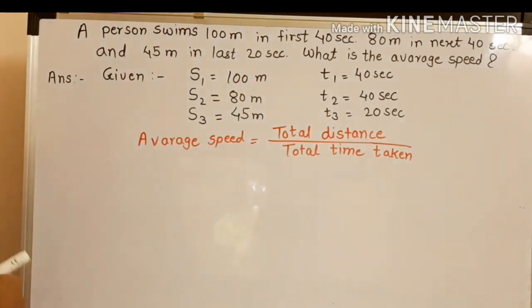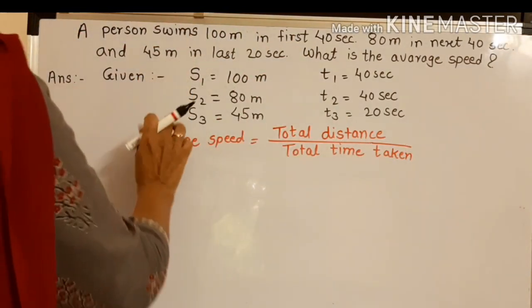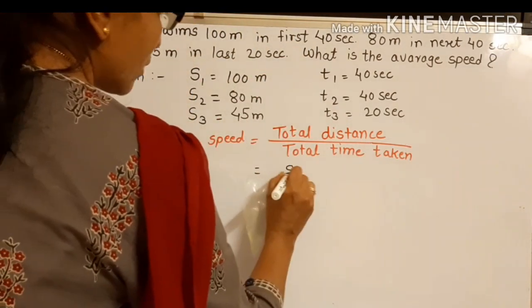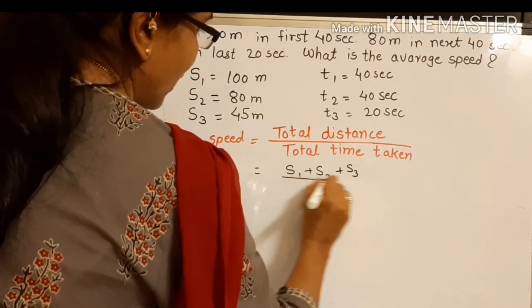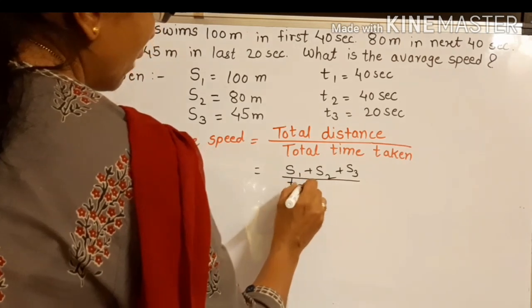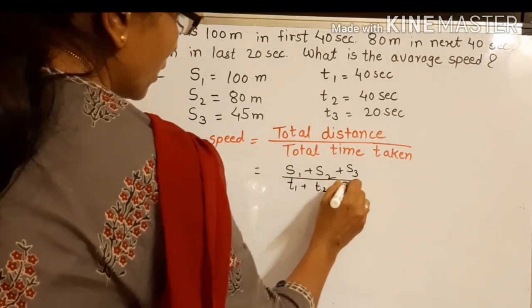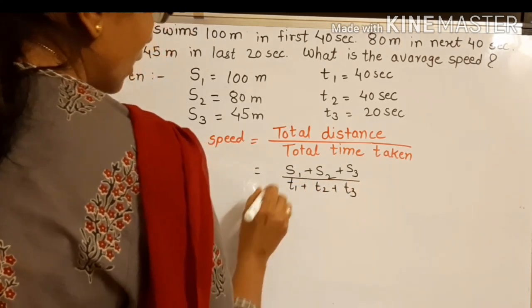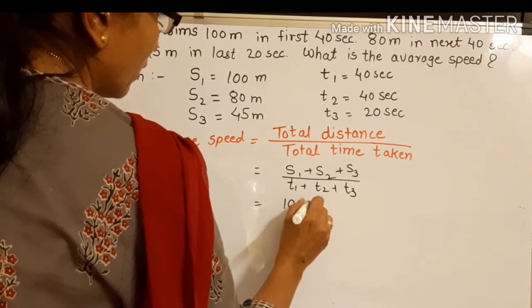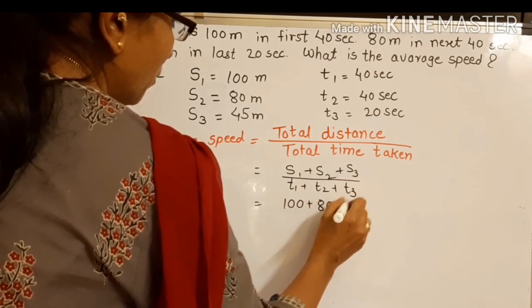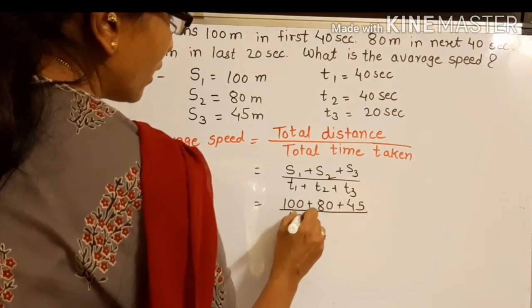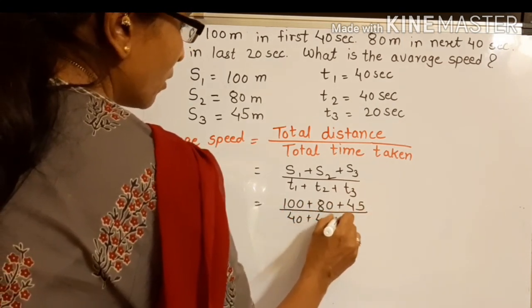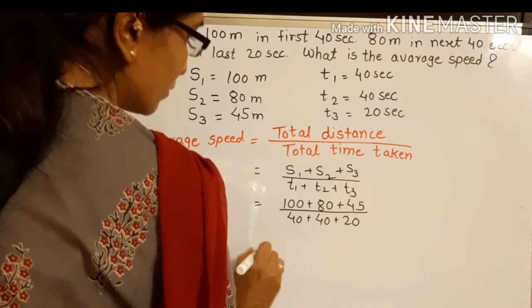In the numerator we add total distance, which is S1 plus S2 plus S3, and in the denominator total time T1 plus T2 plus T3. Now for S1, 100 plus 80 plus 45 whole divided by 40 plus 40 plus 20.